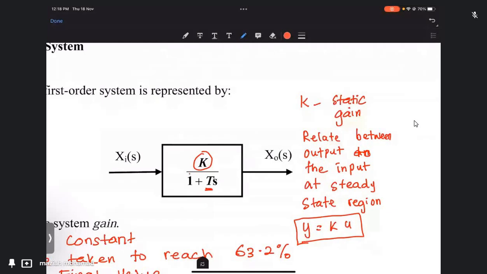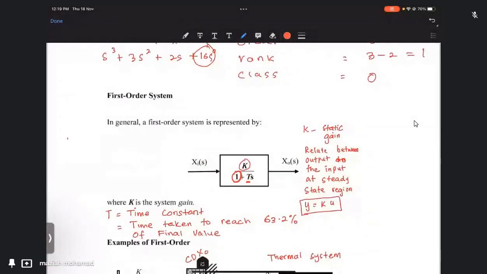Meaning 1 here must always be there. For example, you have a transfer function y over u is equal to 10 over s plus 20.